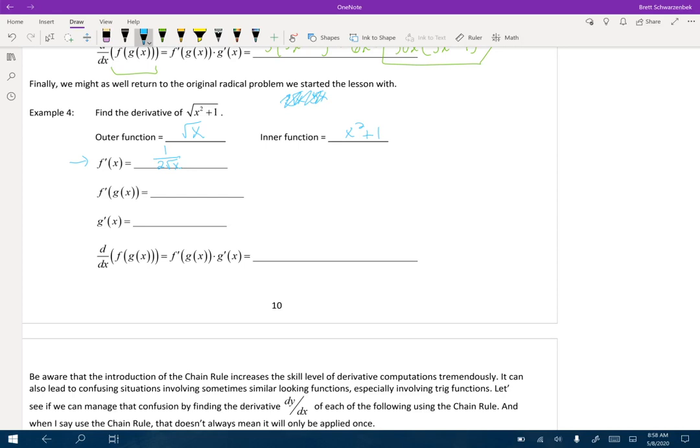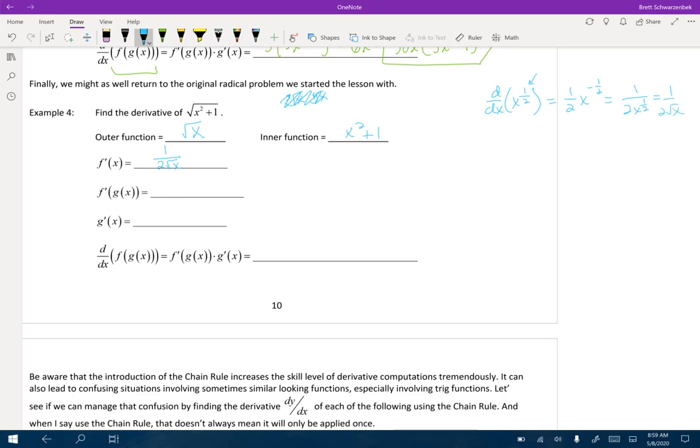Now, some of you who are maybe not as great with this math stuff might be like, where did that come from? Just to be clear, remember root x is x to the 1/2. If I find the derivative of that, here was the process: 1/2 comes to the front, subtract 1 from the 1/2 and get negative 1/2. Therefore, 1 over 2x to the positive 1/2, which is 1 over 2 root x.